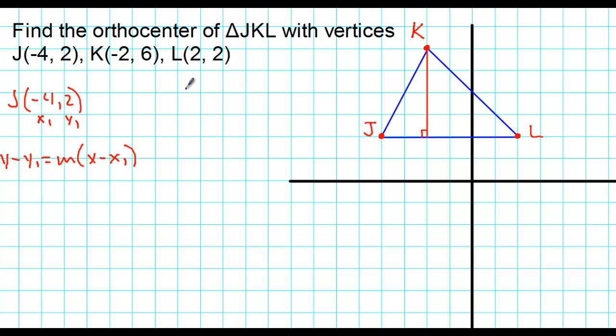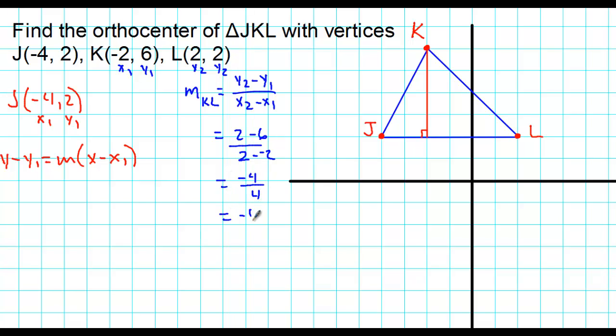Well, if I wanted to know the slope of KL, I use the slope formula, which is y2 minus y1 over x2 minus x1. So for KL, I have x1, y1, x2, y2. I'm going to plug those numbers in. I'm going to do 2 minus 6 over 2 minus -2, which is -4 over 4, which is -1.